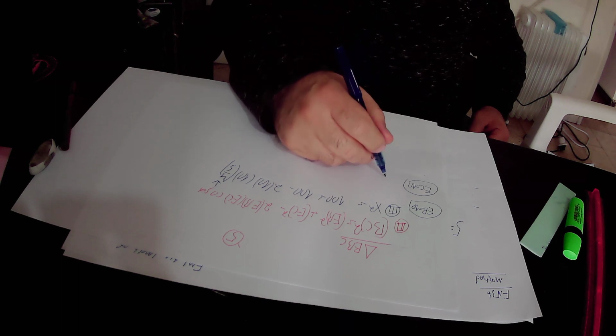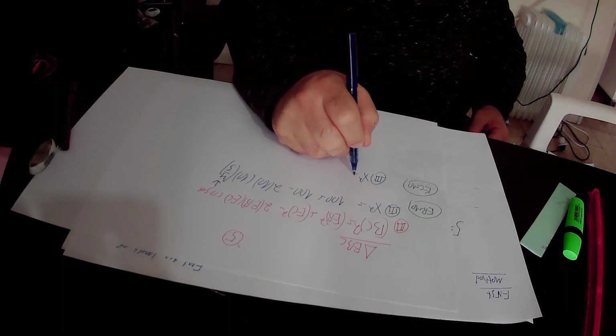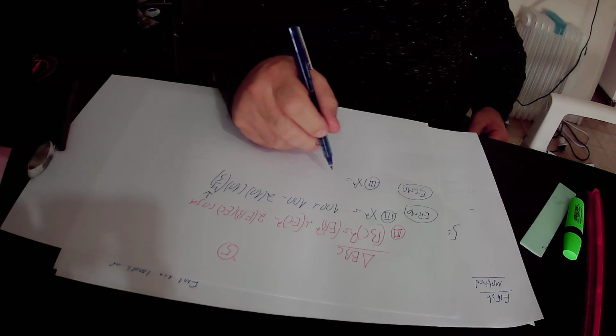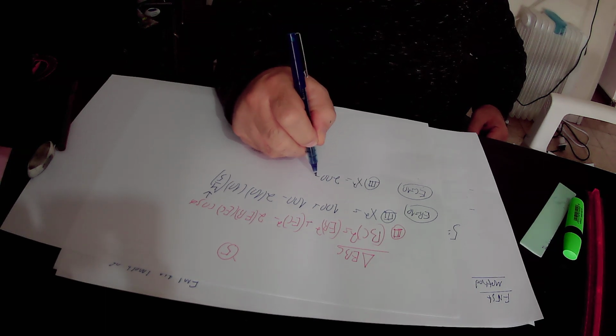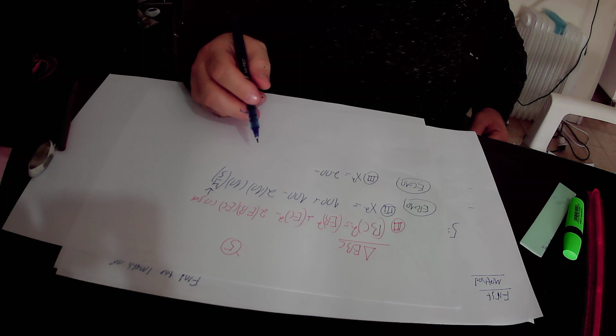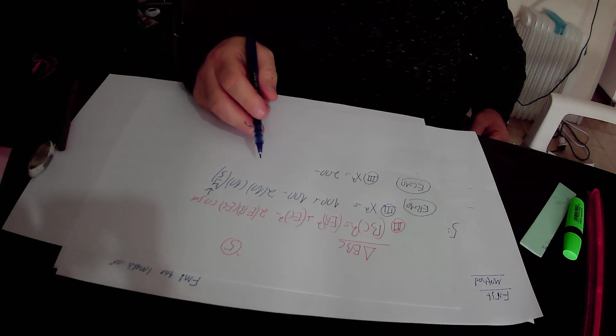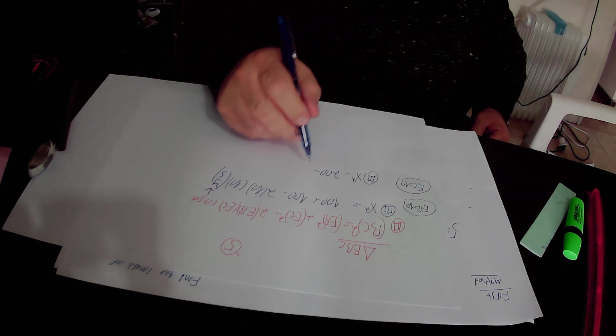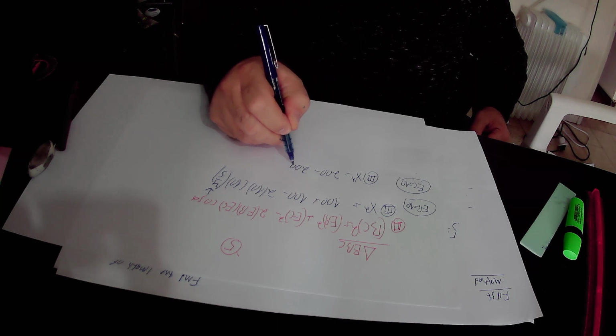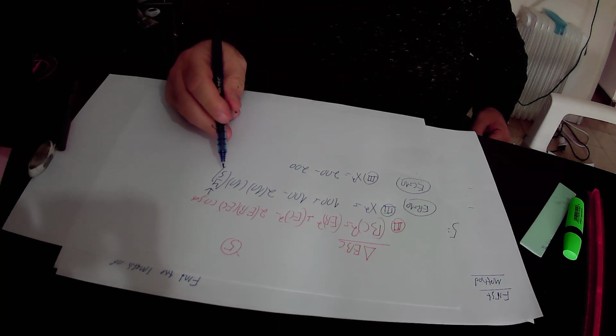So according to equation number 3, x squared equals 100 plus 100 is 200, minus 10 times 10 is 100, and 100 times 2 is 200. This is minus 200 times 4 over 5.